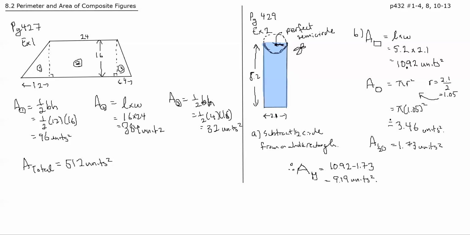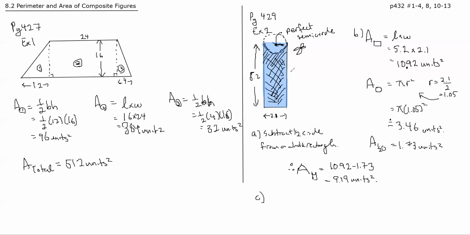That's how much that shaded, funky looking shape is going to be. Okay, so sometimes it doesn't have to be adding. Sometimes we can get creative and do subtractions to get the size that we want.